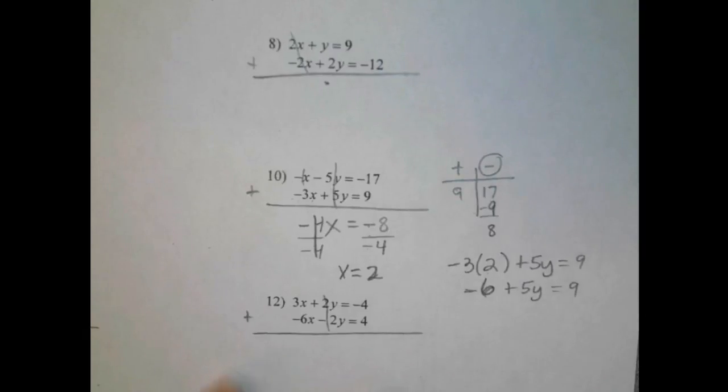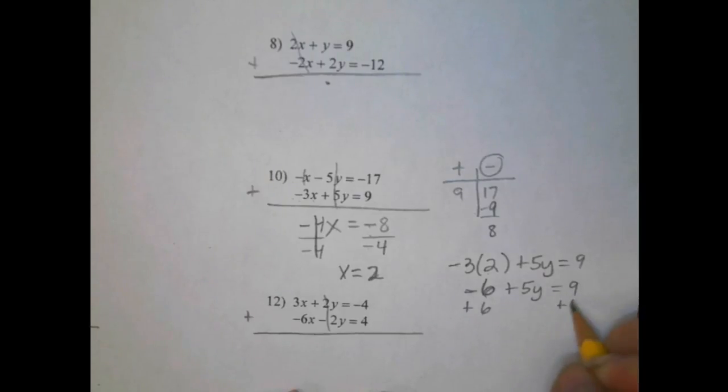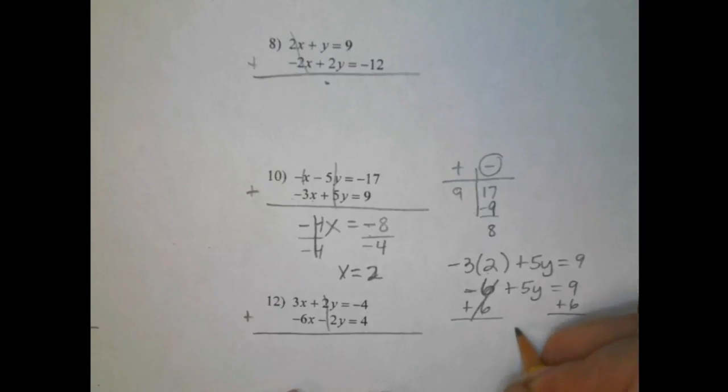All right, now what? Which is? So I'm going to add 6 to both sides. That becomes 0, right? Bring down my positive 5y. What is 9 plus 6? 15.